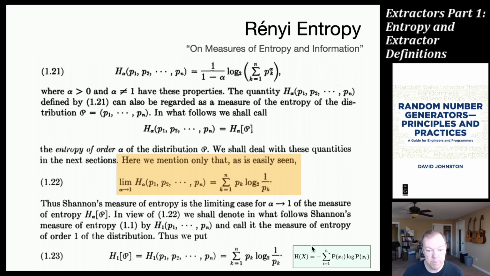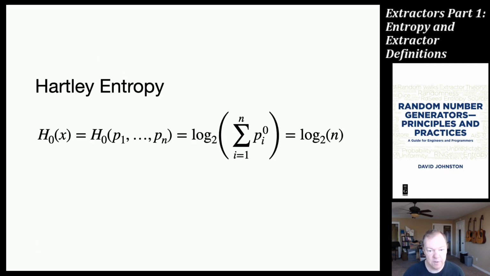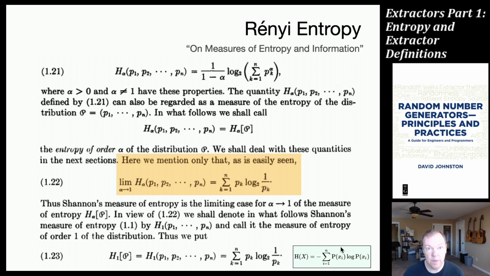If you were to look up a definition of Shannon entropy in Wikipedia, you would find this equation here. And you'll see that that's not log of 1 over pk, it's log of pk, or p of xi in the way they've written it here.